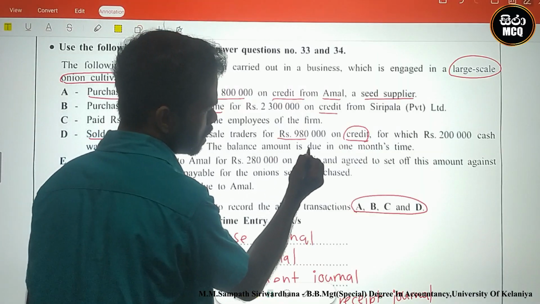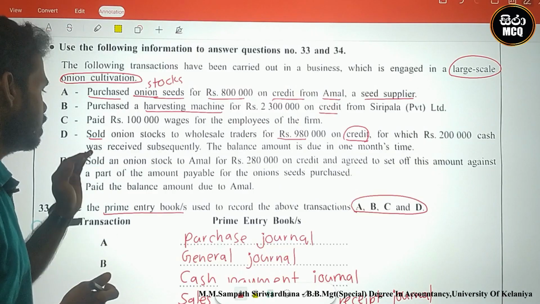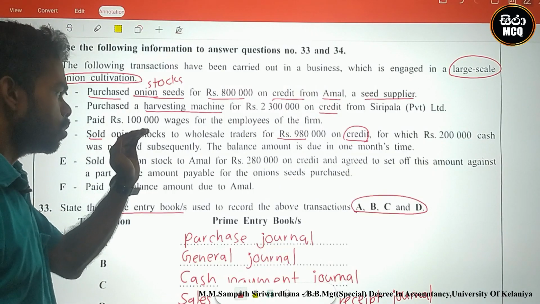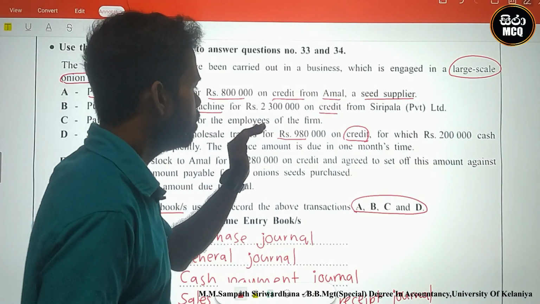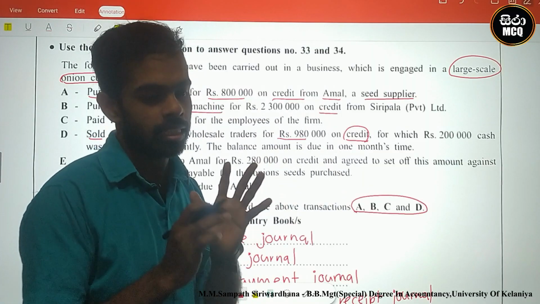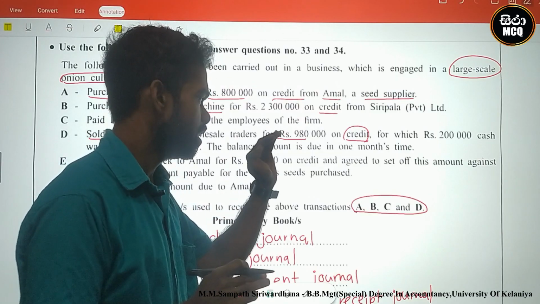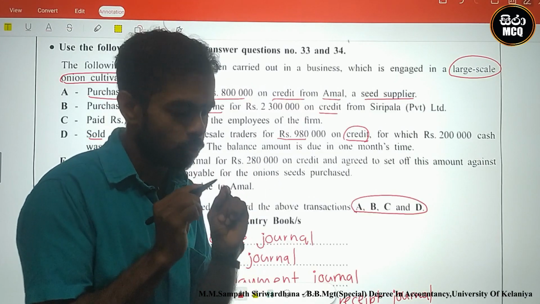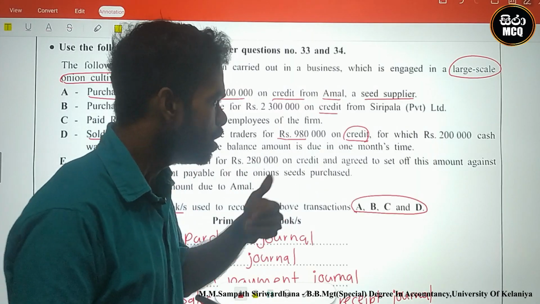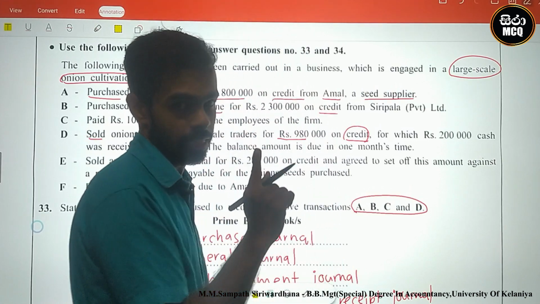The balance amount is due in 1 month's time. Look here, there is a sale, sold onion stocks to wholesale traders for 980 on credit. This is a credit sales transaction of 980.